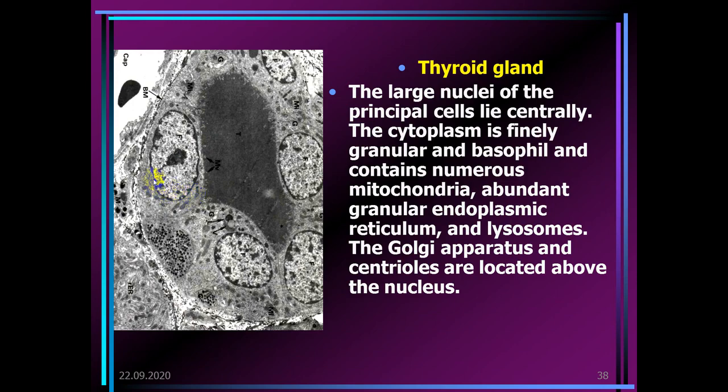Golgi apparatus and centrioles are located above the nucleus. And also between thyrocytes you can see other cells.